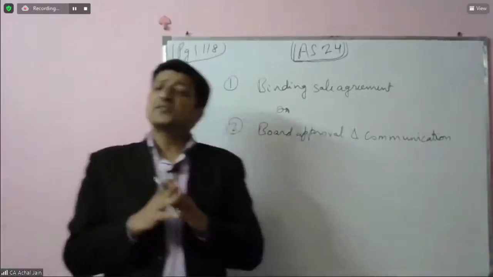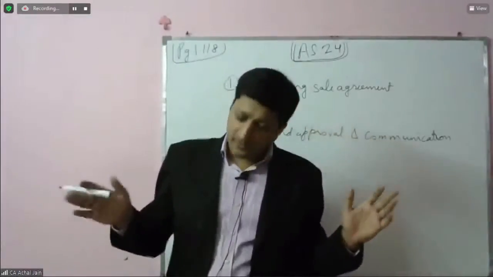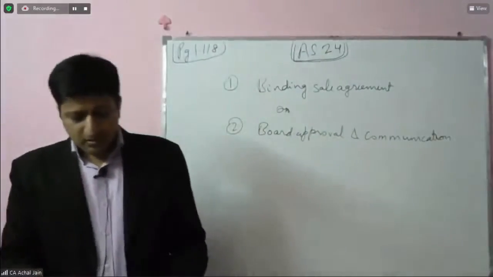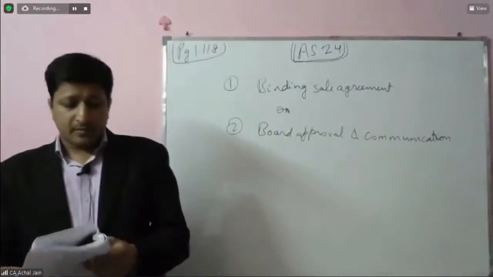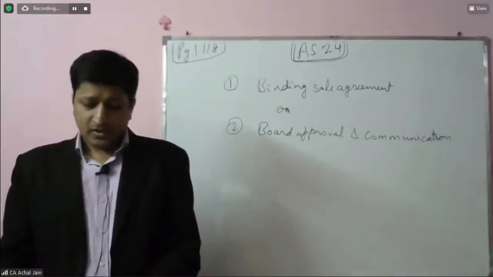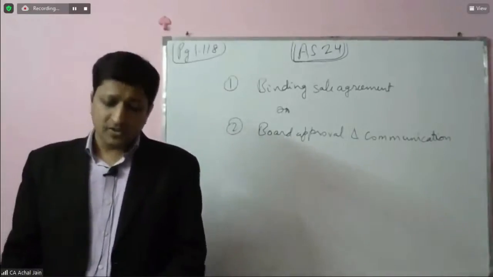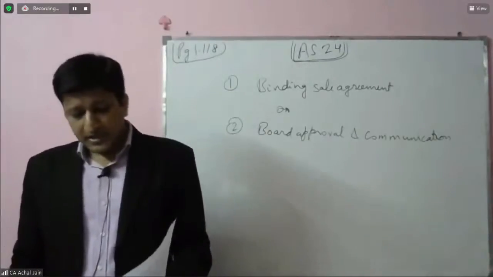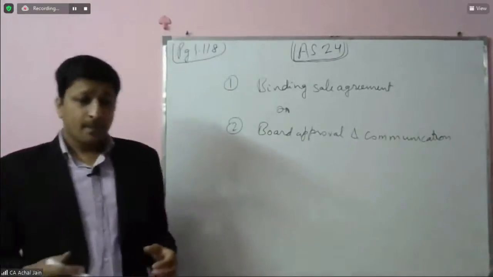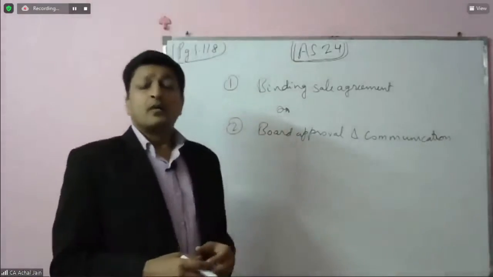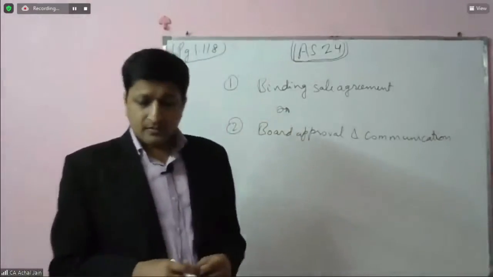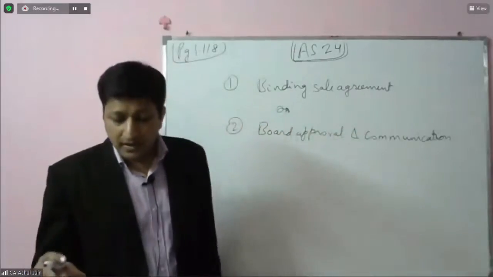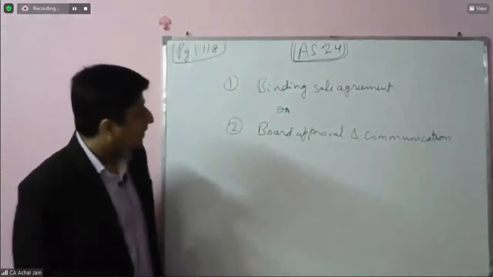Recognition and measurement has not been dealt under this standard at all. So let's move on to the disclosure requirements. So what are the disclosure requirements? This is the one which you need to understand in the standard. What are those disclosures which will be given in the financial statements are the ones which we are going to cover now.